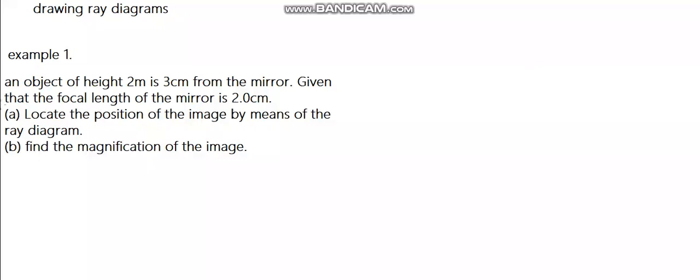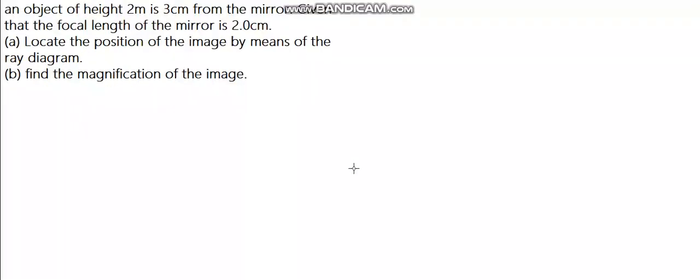So in drawing this ray diagram, we need to consider first the scale which we are going to use. It's very important. A ray diagram always has the principal axis, let me put it here.